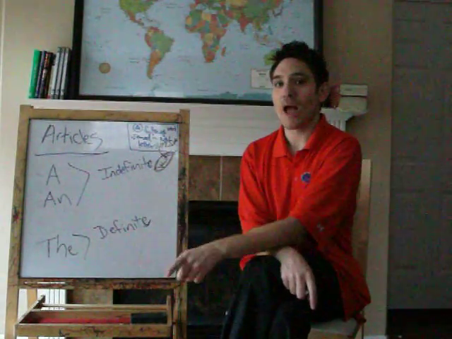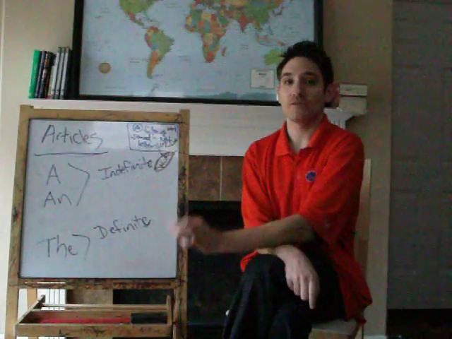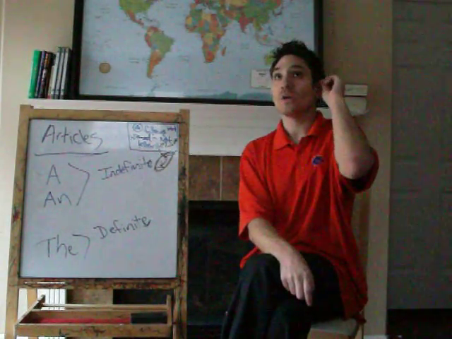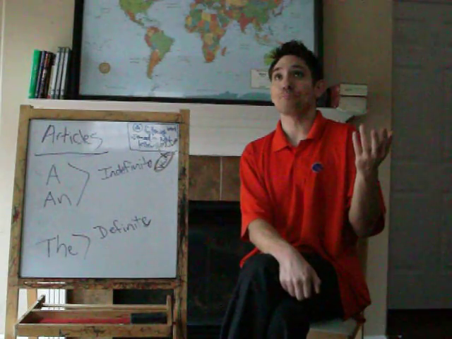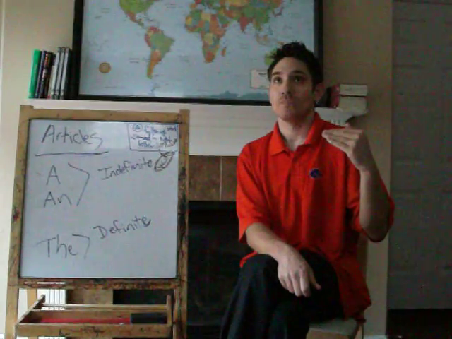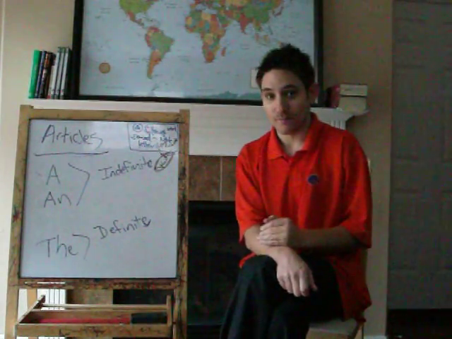Now, I use the word describe for a reason. Articles are not their own part of speech. Okay? Articles are adjectives. We know that adjectives describe or modify a noun or a pronoun, right?